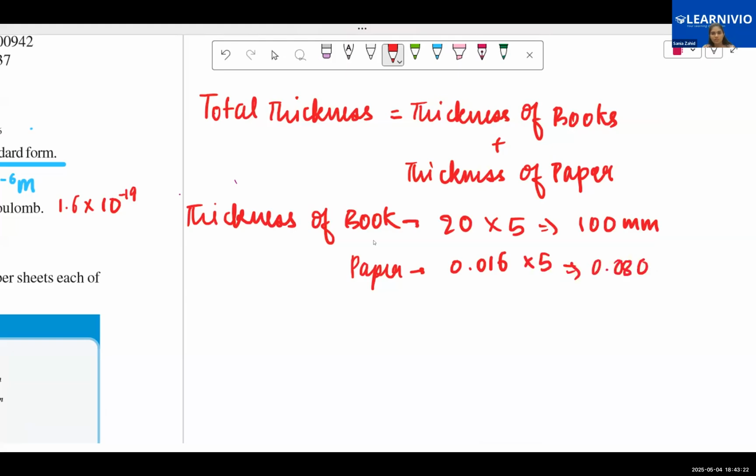0.080 millimeter thick. So what is the total thickness now? 100.080. So 100.080 millimeter thick.